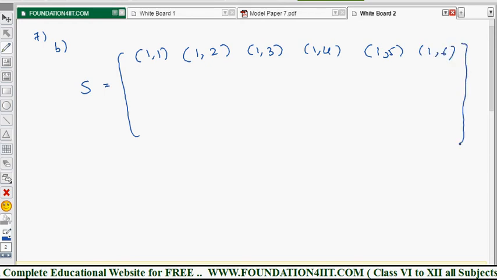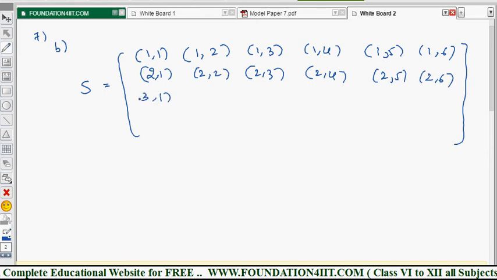Similarly (2, 1), (2, 2), (2, 3), (2, 4), (2, 5) and (2, 6).